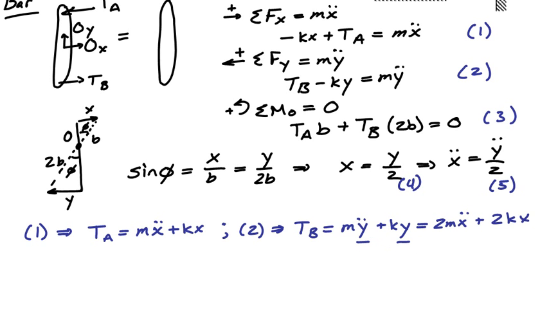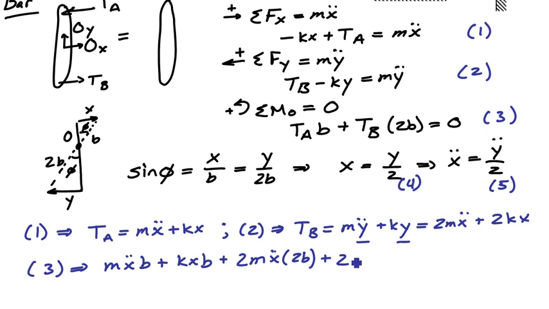I can take both of those expressions now and plug them into equation 3. If I do that, I'll have m x double dot times b plus kx times b plus 2m x double dot times 2b plus 2 times k times x times 2b has to equal 0.